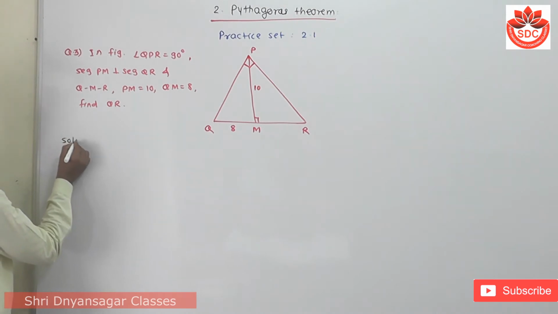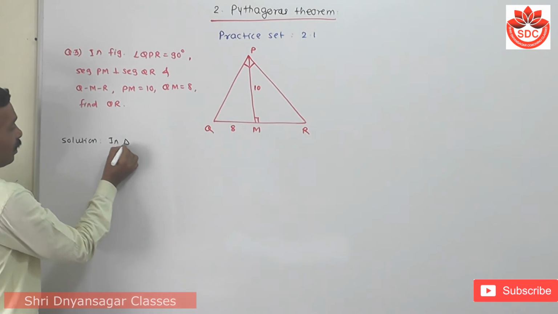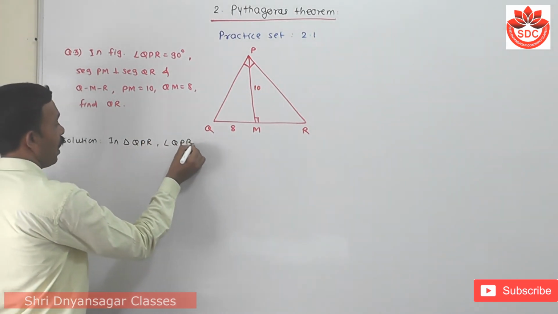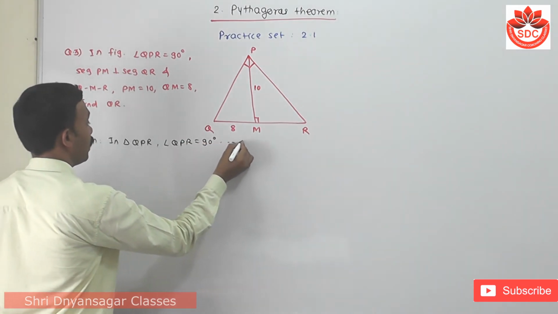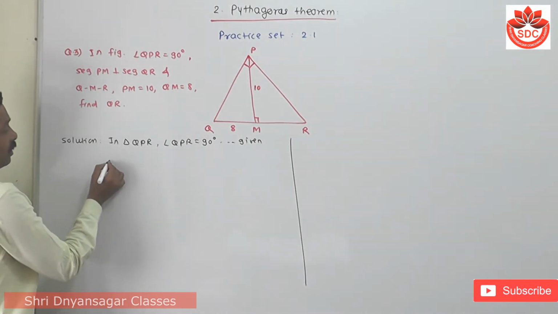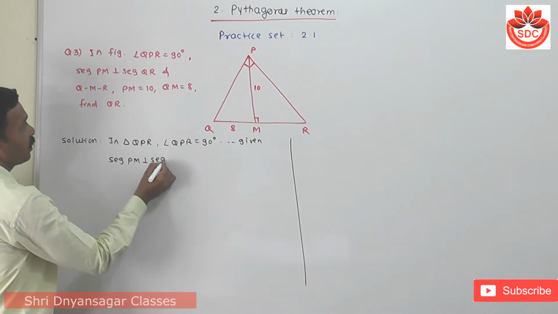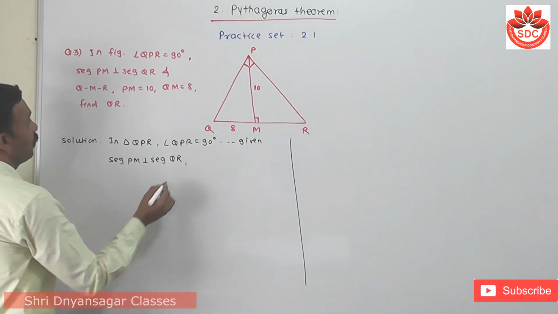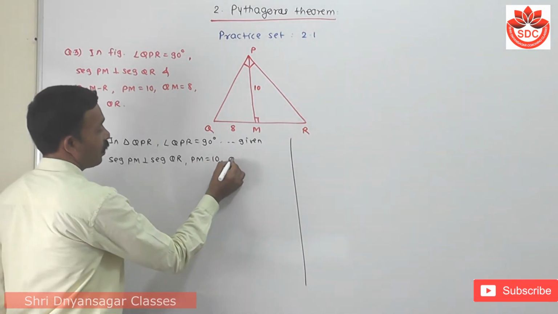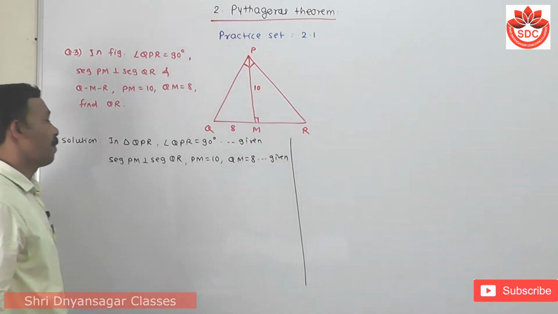Its solution. In our given, in triangle QPR, angle QPR is equal to 90 degrees. This is given. Next, segment PM is perpendicular on segment QR, PM is equal to 10 and QM is equal to 8. This is given.